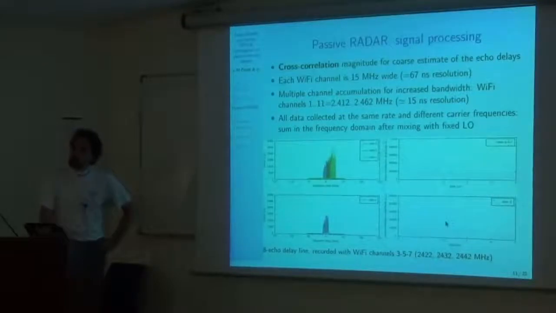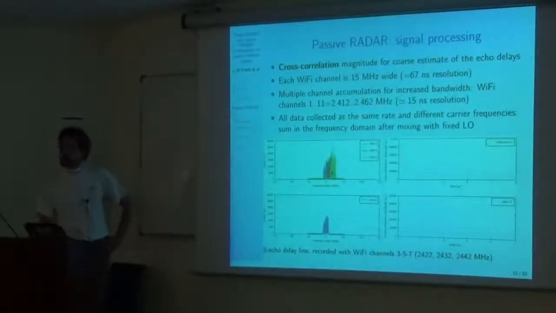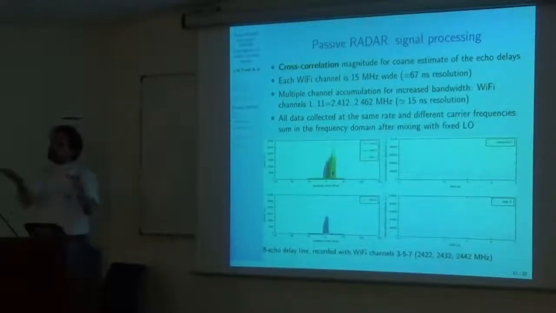When you do a measurement using a network analyzer, you don't measure all the frequency bands at the same time. With a network analyzer, you measure one frequency, then the other, then you continue, and then you take the inverse Fourier transform of your spectral characterization. With Wi-Fi, you can do exactly the same. You can say, I measure Wi-Fi channel 3, channel 5, channel 7, which are not at the same frequency, and I just accumulate the frequency domain components, and after accumulating all the spectra, I take the inverse Fourier transform.